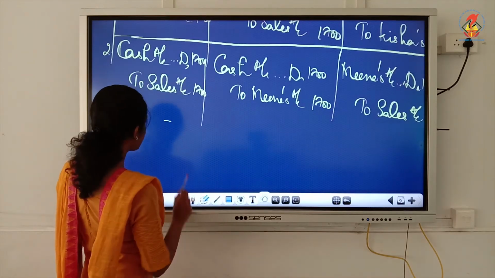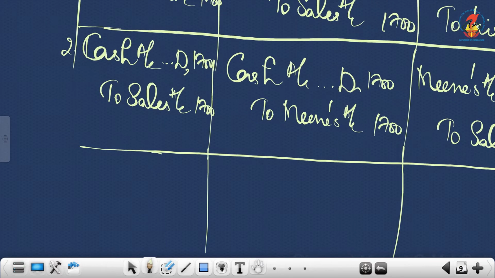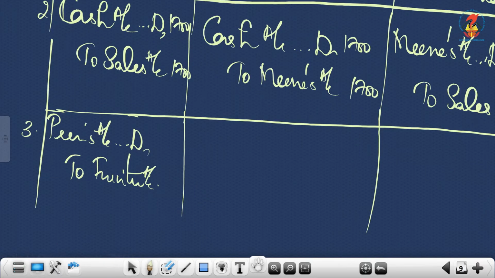So we will write the correct entry. We are selling to Prem. Is it on cash basis? No, it is credit sale. So Prem's account debtor to furniture account, the amount is 1700.